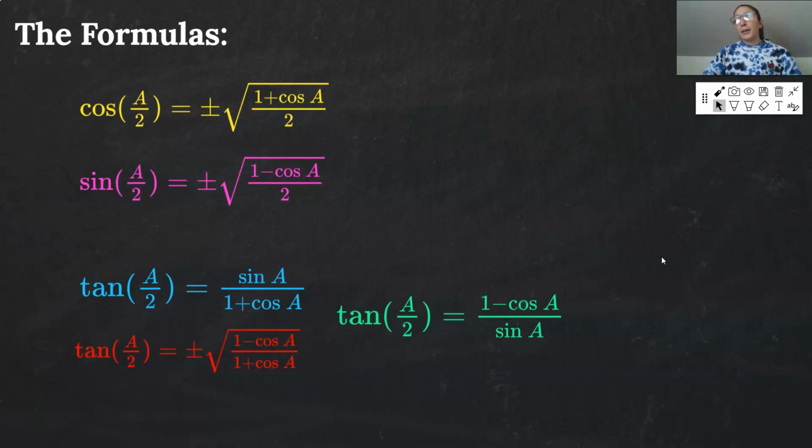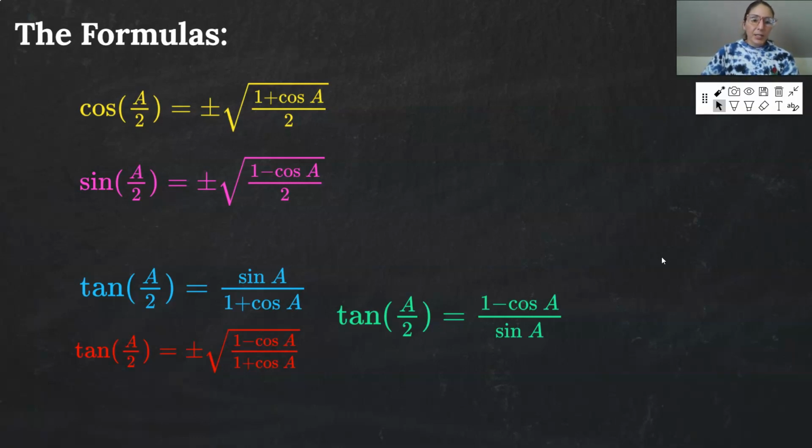We already know 45, 90, but anything else, like 75, right? We could do something with 75. Why? Because it's half of 150, and 150 is a nice known unit circle angle. So basically, if you figure out, hey, this is half of something I do know, that's where these formulas really come in handy. So again, applying what we know already to this new stuff.